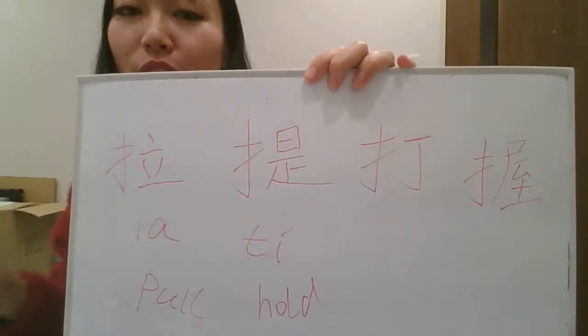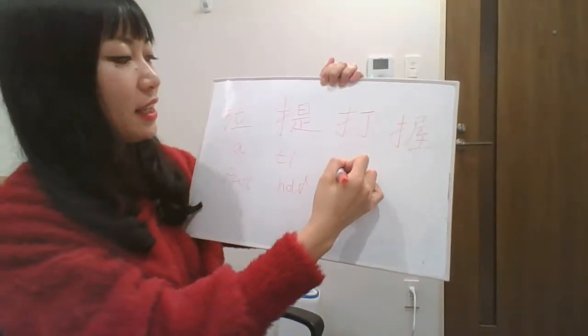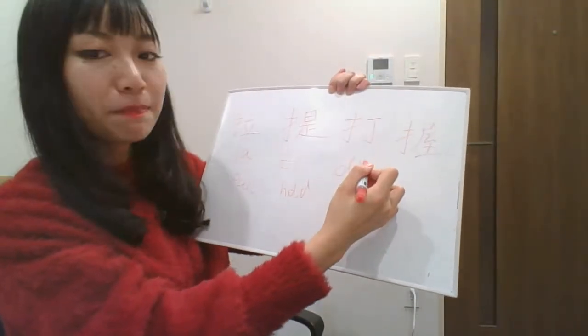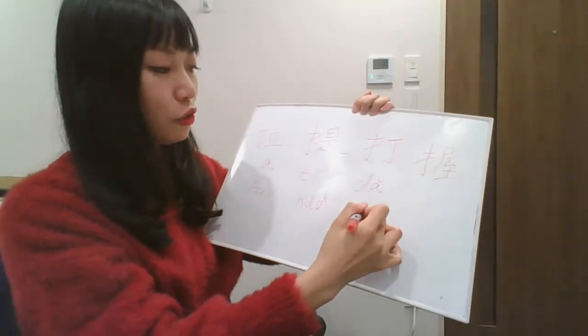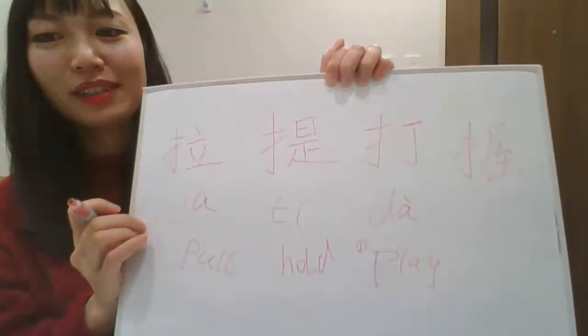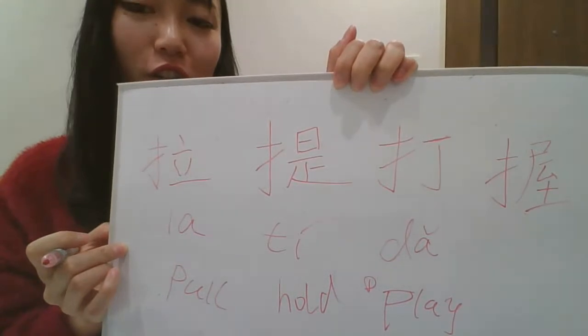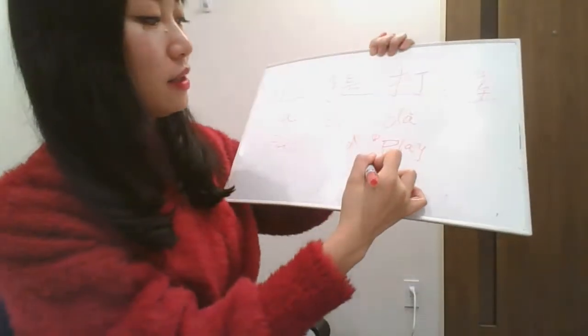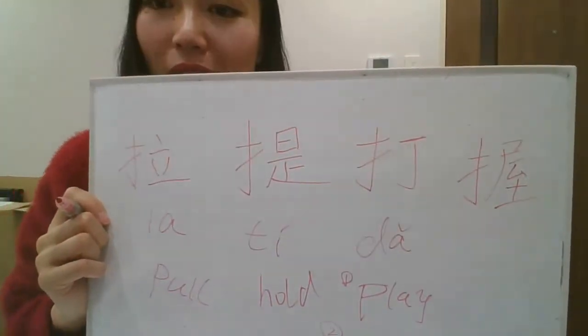So 打篮球 would be the first meaning. 打 means play, and 篮球 means basketball. So 打篮球 is to play basketball. Okay, other meanings are very useful. Does anyone know another meaning of 打?